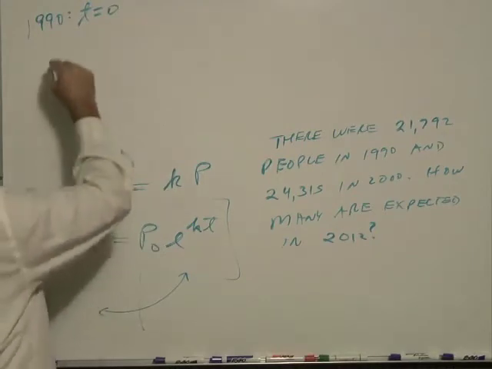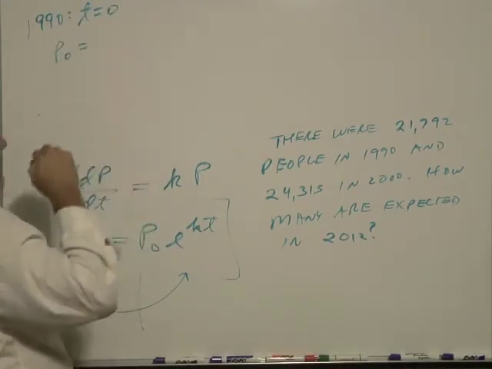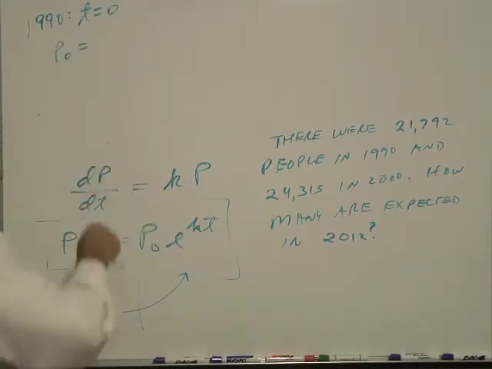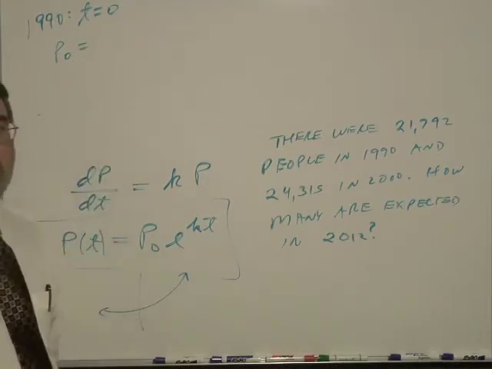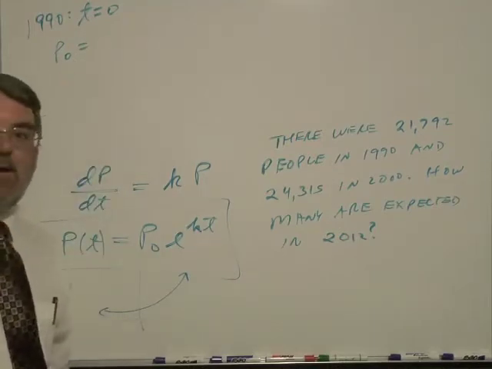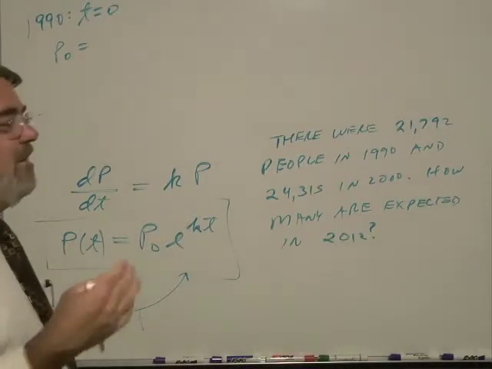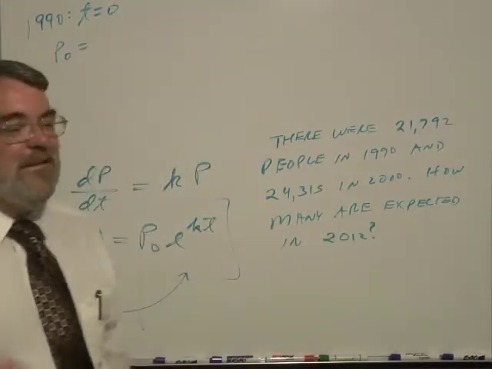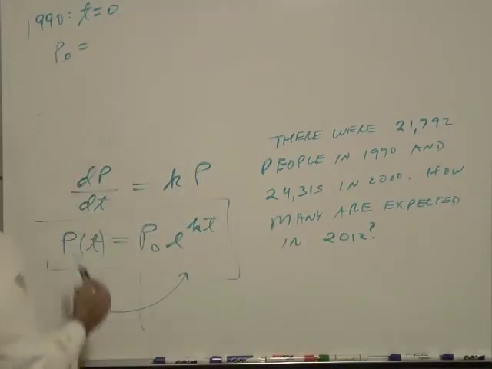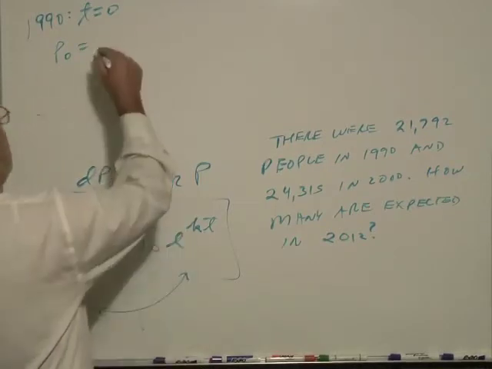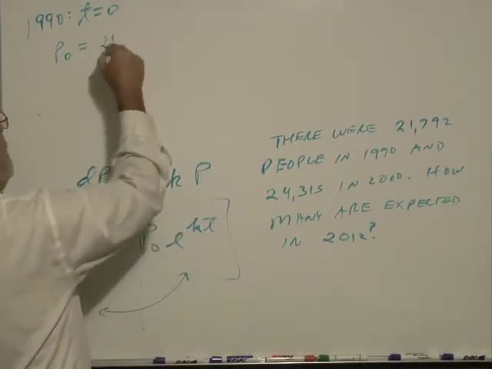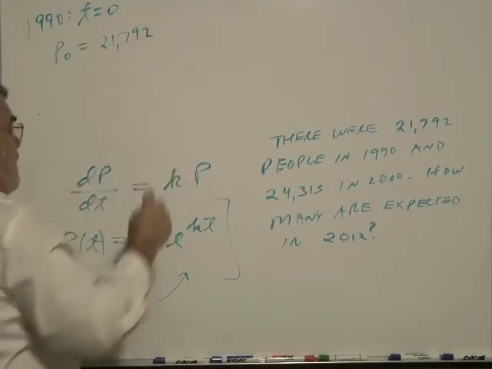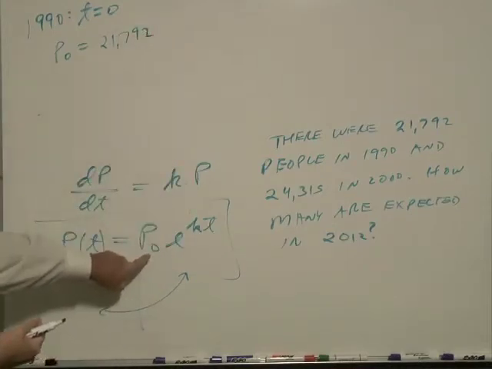So in other words, the initial population, P0, sometimes we call this P naught. Naught is spelled N-A-U-G-H-T. It's an archaic form of nothing or nil. Initial population P naught was 21,792. So that solves this part of this problem.